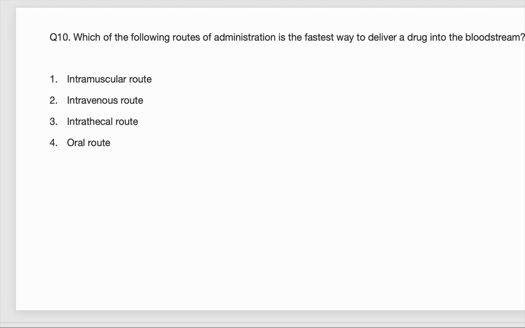As soon as it's administered, it bypasses absorption and goes directly to distribution. So it does not waste time getting absorbed and metabolized. So that's the fastest route of administration.